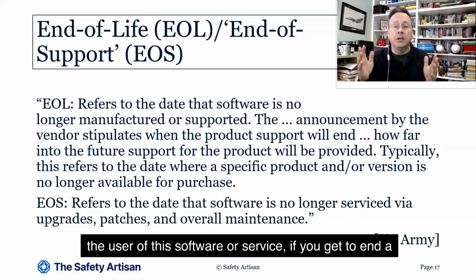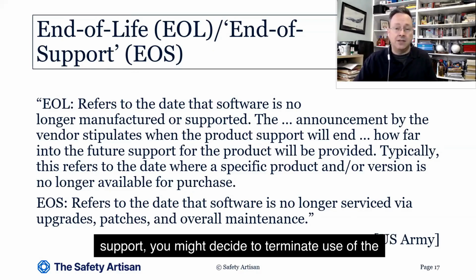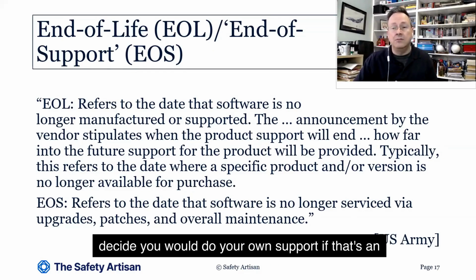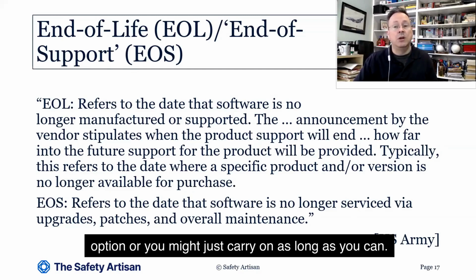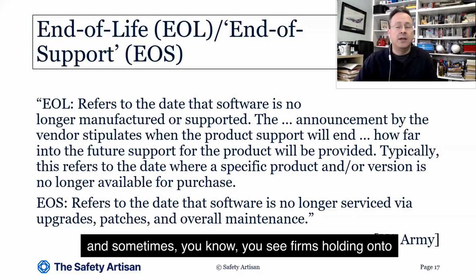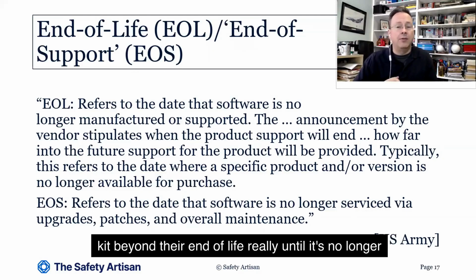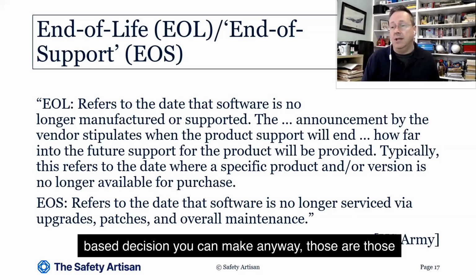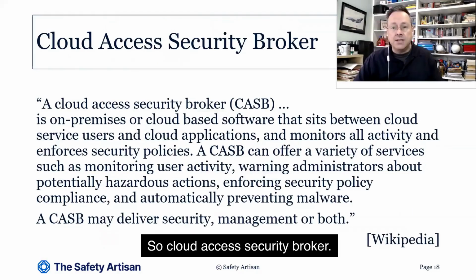If you're the user of this software or service, if you get to end of support, you might decide to terminate use of the product there and then and move on, or you might decide you would do your own support if that's an option, or you might just carry on as long as you can. And sometimes you see firms holding on to kit beyond their end of life, really until it's no longer usable, until it falls over, which is a risk-based decision you can make. Anyway, those are the two terms.